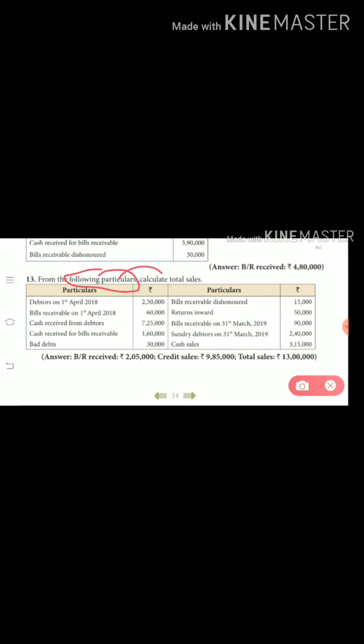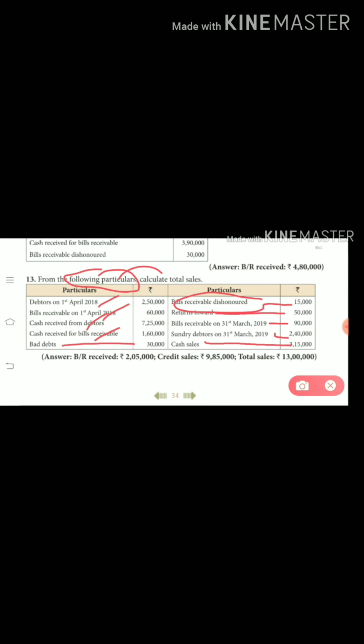Debtors on 1st April 2018 2,50,000, bills receivable on 1st April 2018 60,000, cash received from debtors 7,25,000, cash received for bills receivable 1,60,000, bad debts 30,000, bills receivable dishonored 15,000, return inward means sales return 50,000, bills receivable on 31st March 2019 90,000, debtors on 31st March 2019 2,40,000, and then cash sales value 3,15,000.